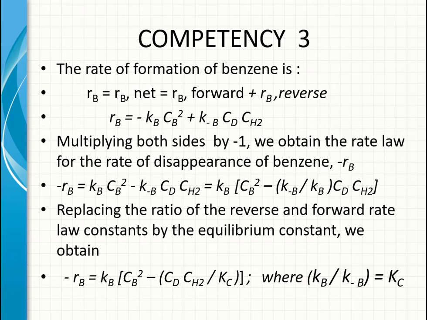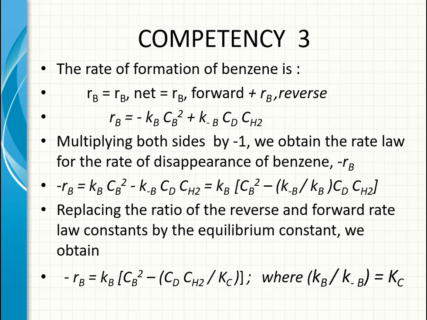And this is equal to Kb multiplied by the concentration of B to the second power minus K minus B divided by Kb times the concentration of D times the concentration of hydrogen.